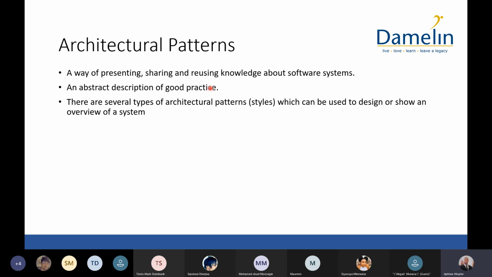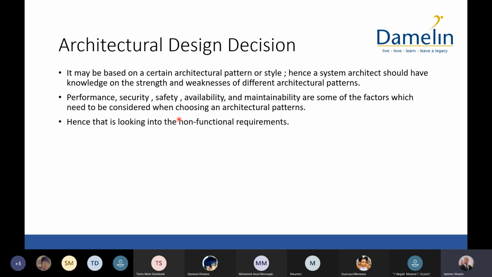It's very rare that you're going to find an organization that's creating its own architecture. So we're going to adopt something that's abstract, that's a good practice, that's tried and tested. There are several types of architectural patterns or styles which can be used to design or show an overview of a system, and we're going to talk about that in the later slides.